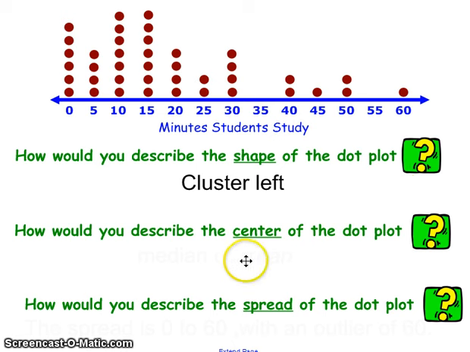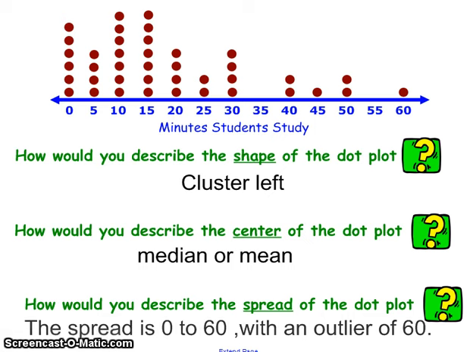The center of the data is going to be the mean or the median. Again, this would be 0, 0, 0, 0, 0, 0, so we'd have all those zeros lined up, and we could cross out from left to right to find the number in the middle. And the spread is from 0 to 60. We call 60 an outlier because it is the point that is the furthest away from all the other data.